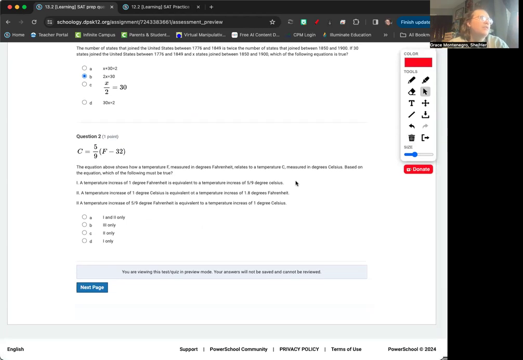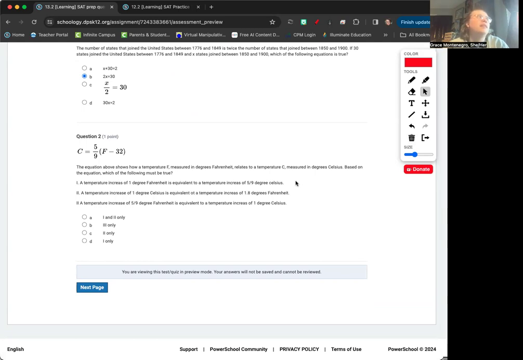The equation above shows how temperature F, measured in degrees Fahrenheit, relates to a temperature C, measured in degrees Celsius. Based on the equation, which of the following must be true? Okay, so the equation: Celsius temperature equals 5/9 of Fahrenheit minus 32, which makes sense.